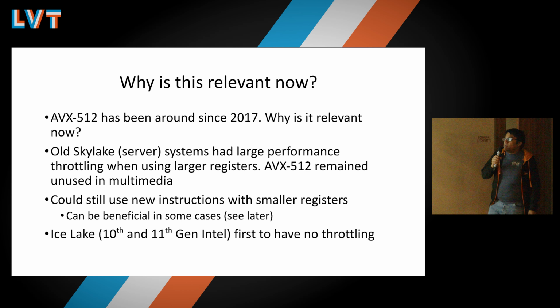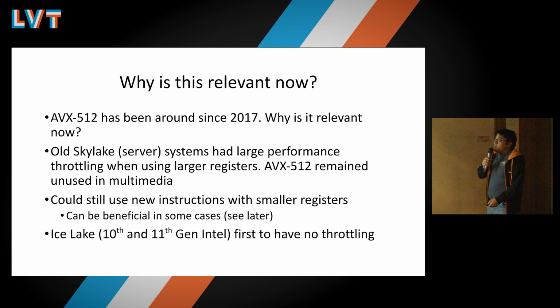So why is this relevant now? I've obviously said AVX-512 has been around since 2017. Well, the first systems, known as Skylake systems, had quite large performance throttling when using larger registers. You use these ZMM registers and suddenly the CPU throttles down by 30%.